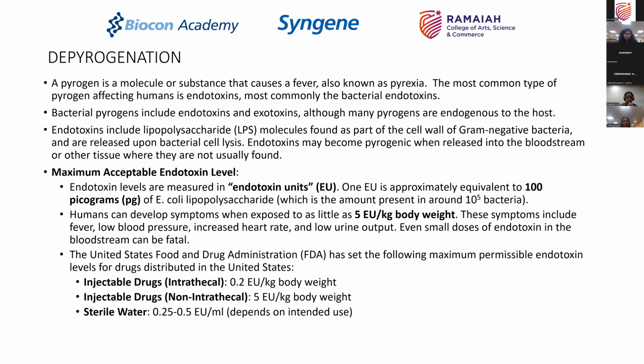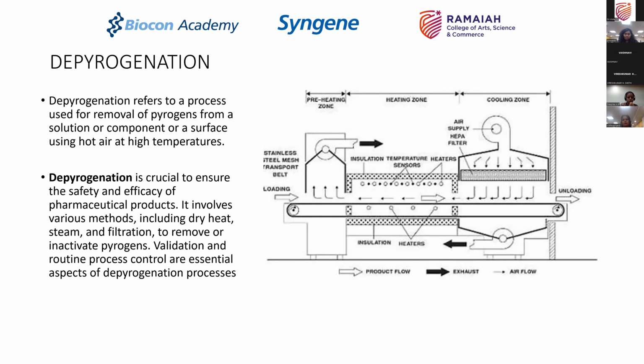So endotoxin is a subject of importance, and to eliminate the endotoxins, we use the process called depyrogenation. It is a process used to remove the pyrogens from a solution, a component or a surface using hot air at high temperatures.